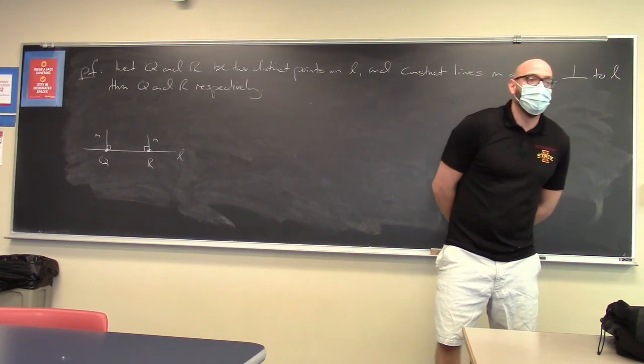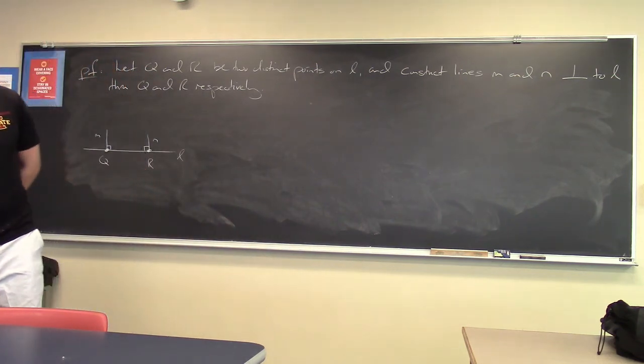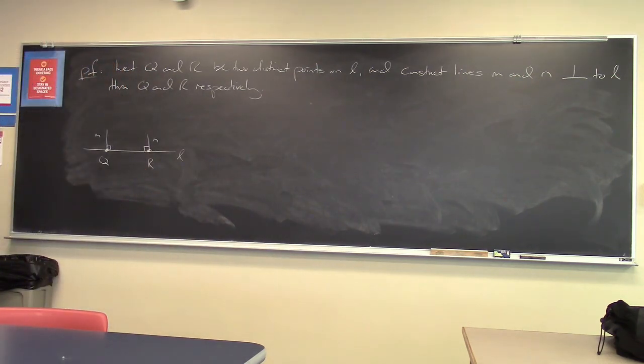Is it possible that they're parallel? No, right? No lines in elliptic geometry are parallel.